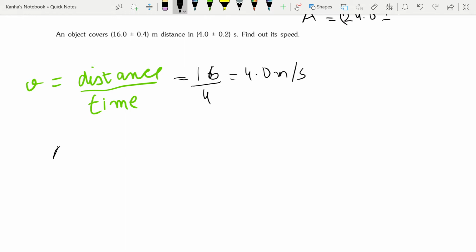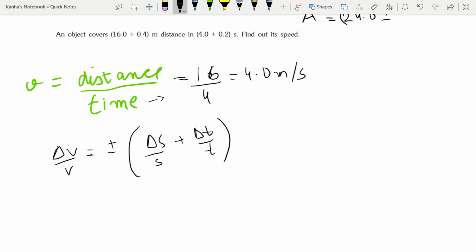Now I need to find the error in speed. So I know that delta V by V is equal to plus minus delta S by S plus delta T by T. Even though time was in the denominator, when you propagate errors, they just add up. So if I take V to the right side, if I just transpose it, you can write V here.